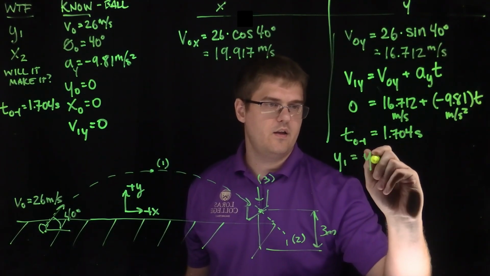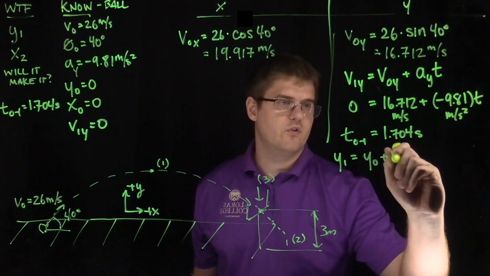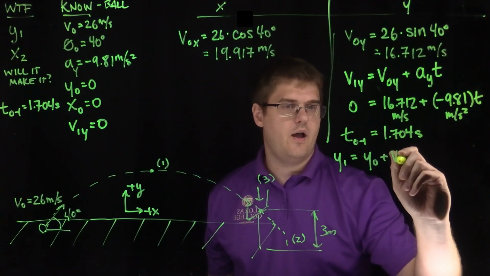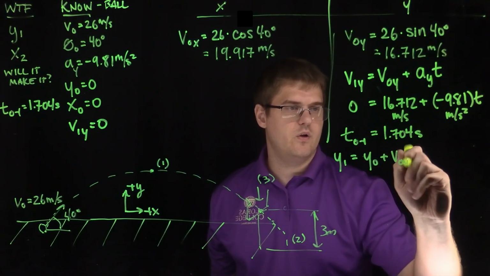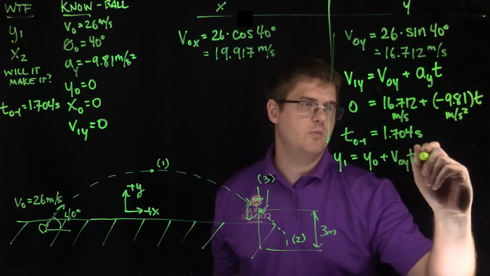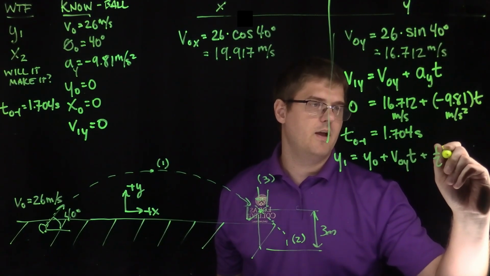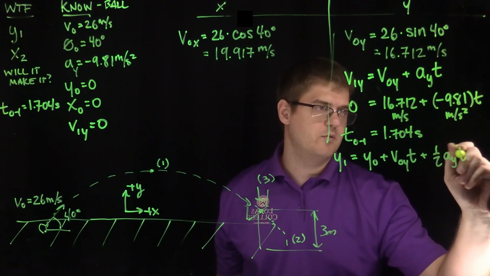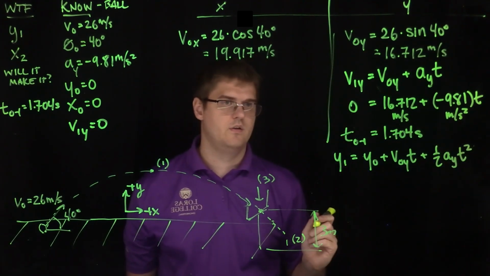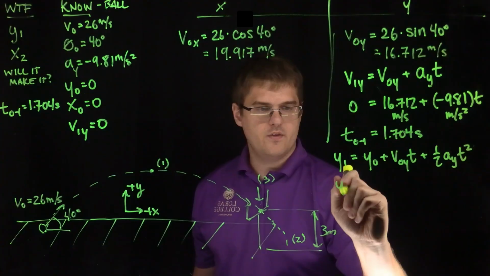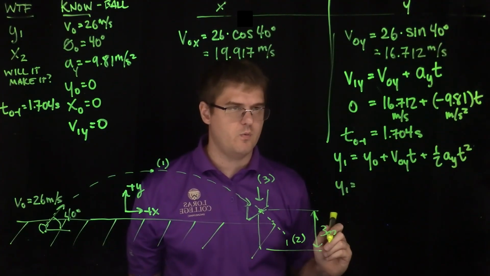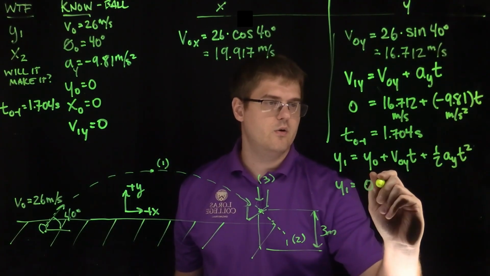And then I can say y at 1 is going to be equal to y at 0 plus velocity at 0 in the y times my time plus 1/2 my acceleration in the y times my time squared. I want this y1, that's what I'm solving for. y0 is 0.